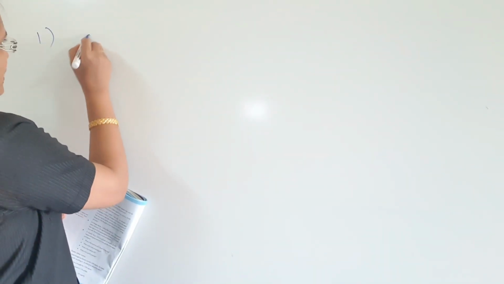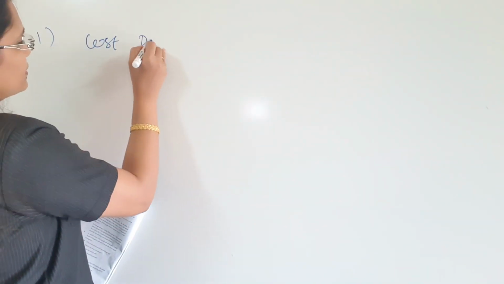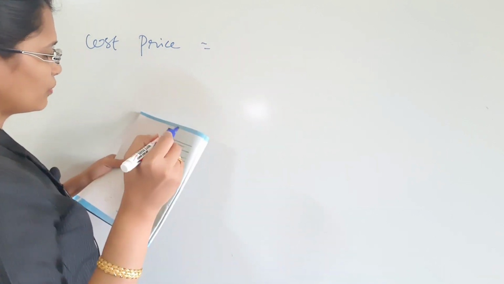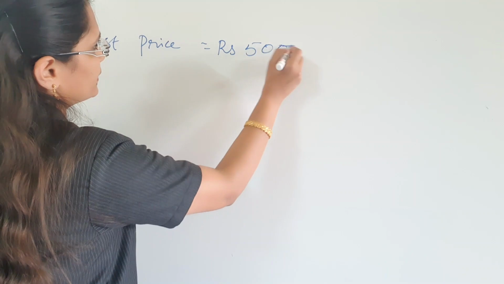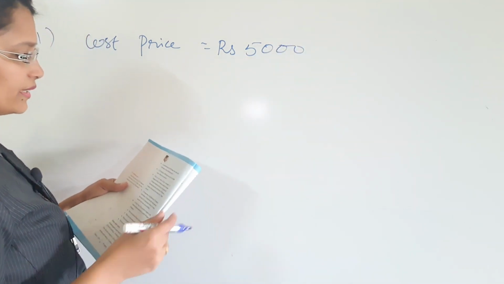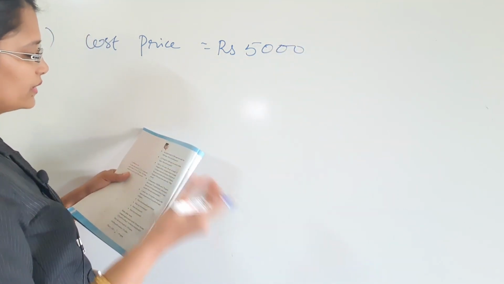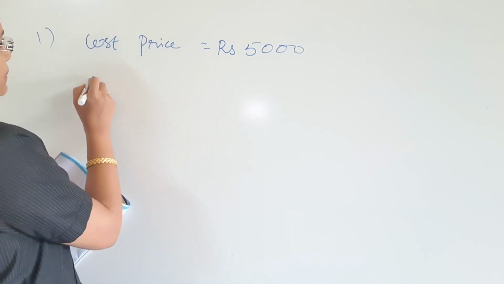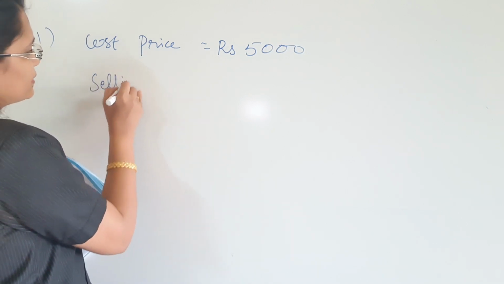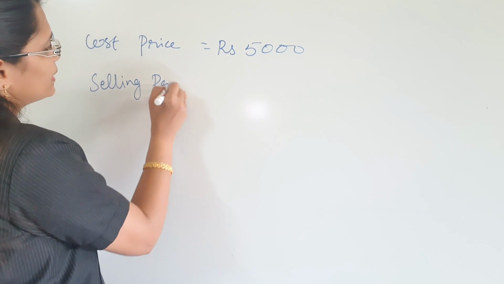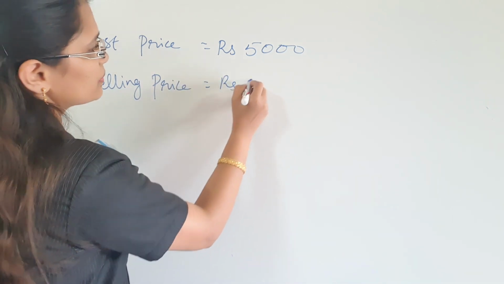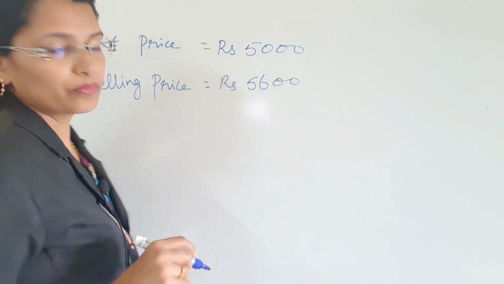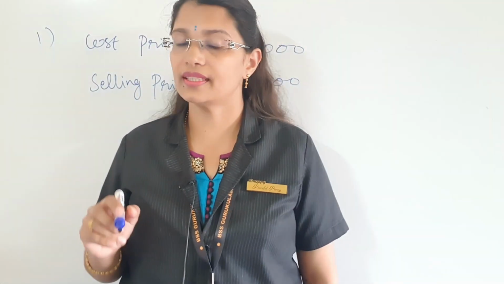So, here you can write cost price of an almirah is equal to rupees 5,000 and then was sold for 5,600 rupees. That means selling price is equal to rupees 5,600.